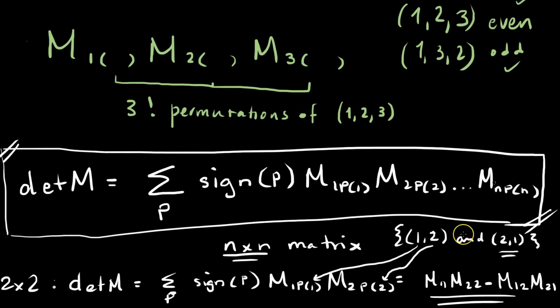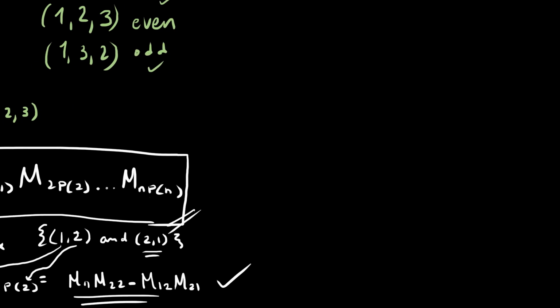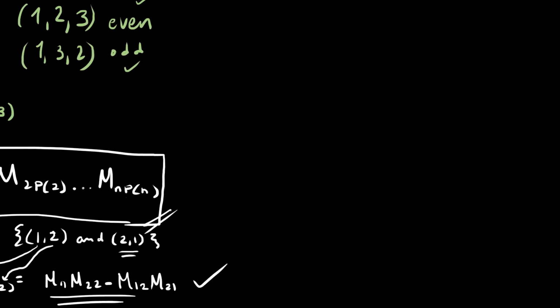Okay? So from this, we can find out actually a lot of properties about determinants, which is what we're going to do right now. We could do it over here at the top. So, properties of determinants. All right, number 1.